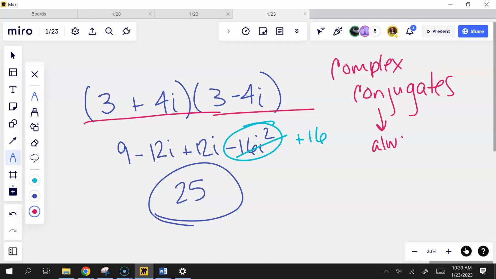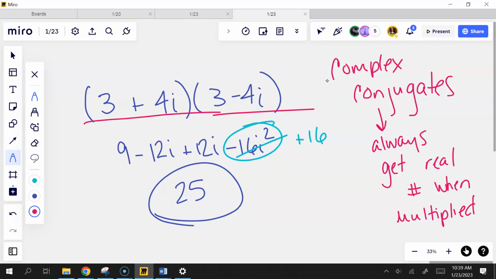It's always going to be a negative i squared. And so this is going to come in very handy as we divide.